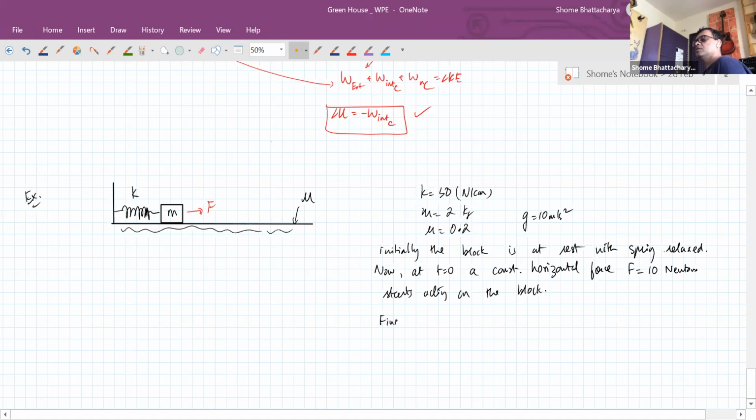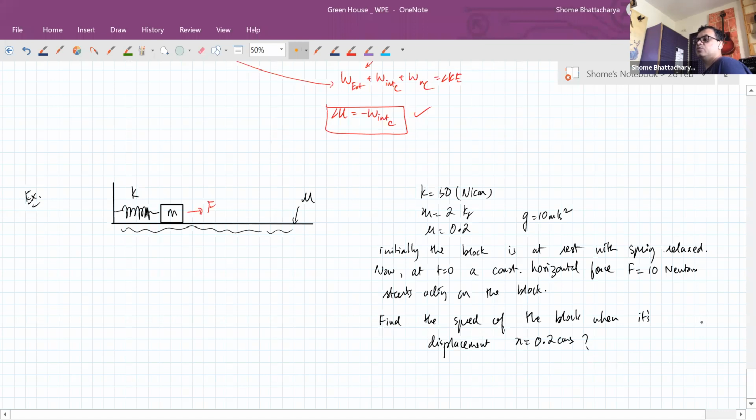So you want to find the speed of the block when its displacement is 0.2 centimeters or 2 millimeters.